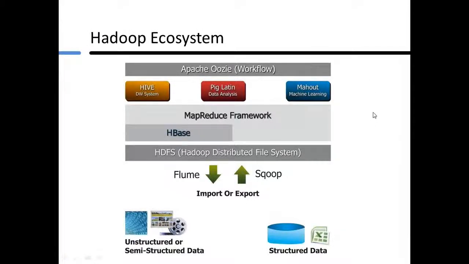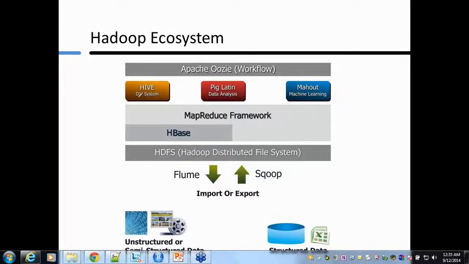Now, some of the ecosystem components that I have just mentioned. I'm not going to talk about the use cases and overview of these components, but these are components like Flume, Scoop. You already understood MapReduce and SDFS. These are the two core components of Hadoop.